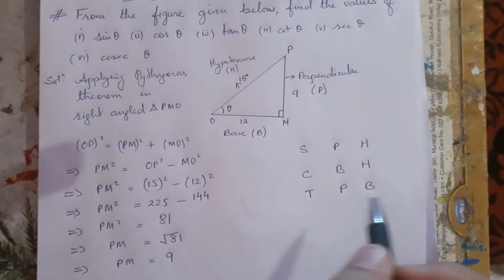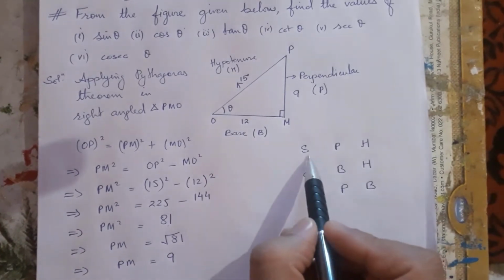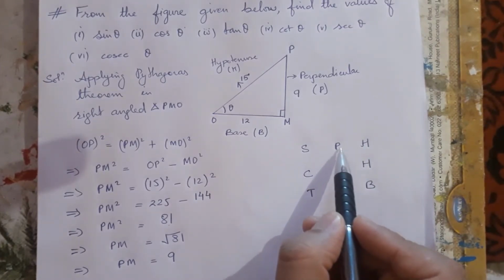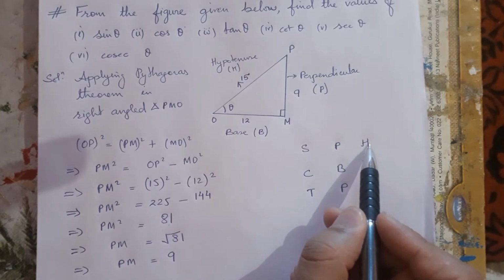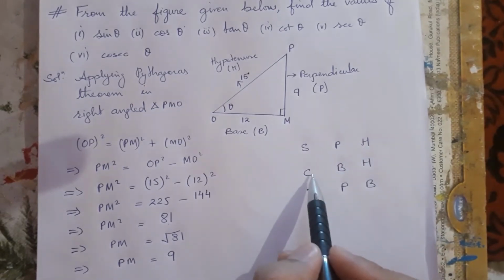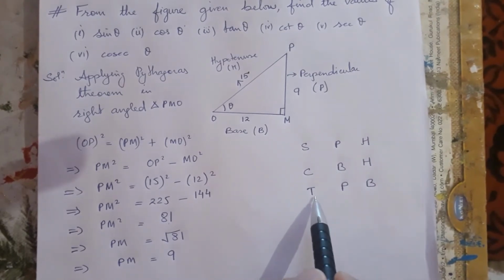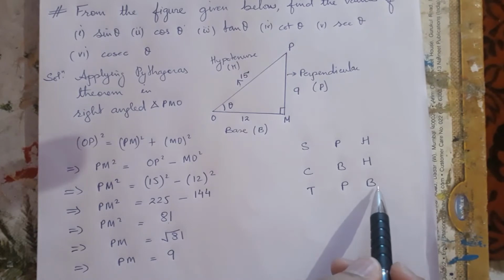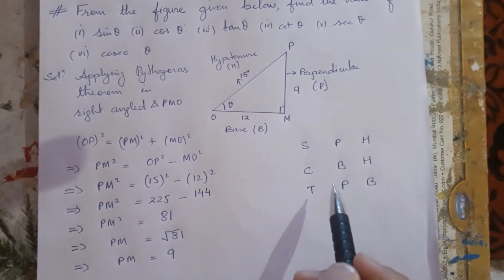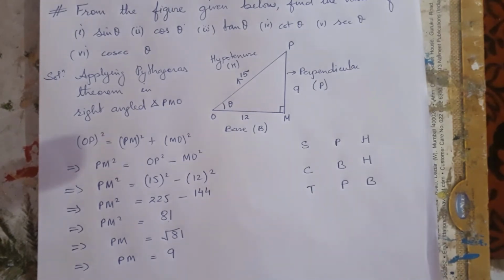So how does this one help me to remember the T ratios? Some people have. S stands for sine, P for perpendicular, H for hypotenuse. So sine theta is perpendicular by hypotenuse. Similarly, cos theta is base by hypotenuse and tan theta is perpendicular by base. The other three T ratios can be obtained by knowing the reciprocal relation.